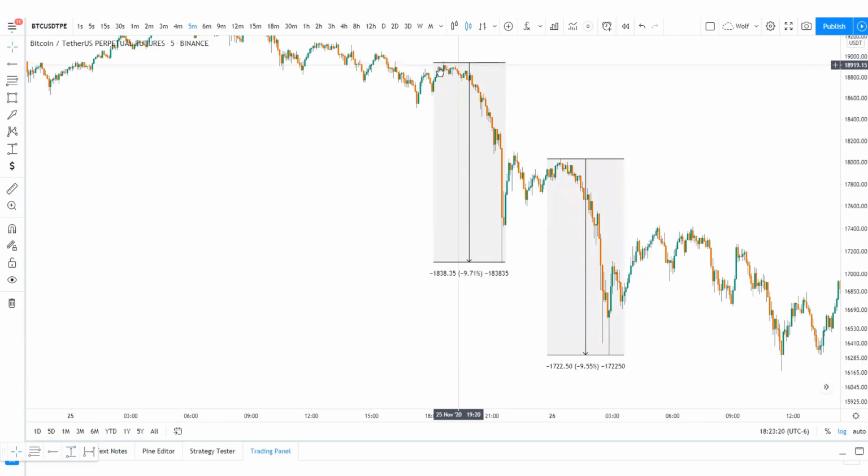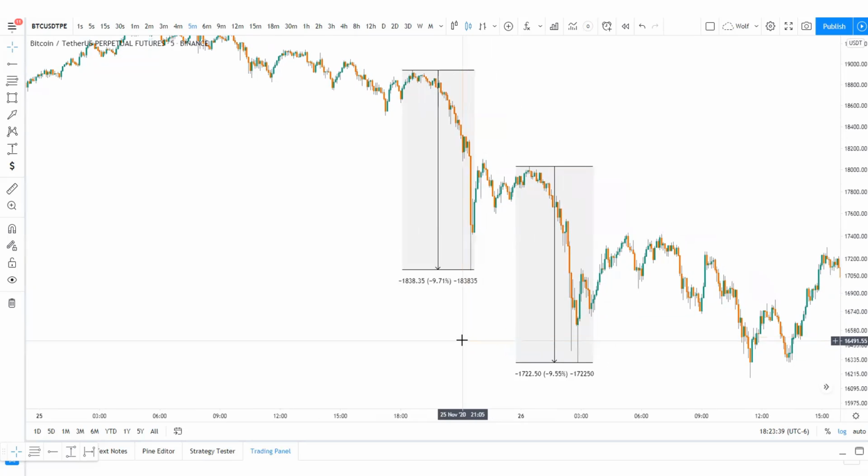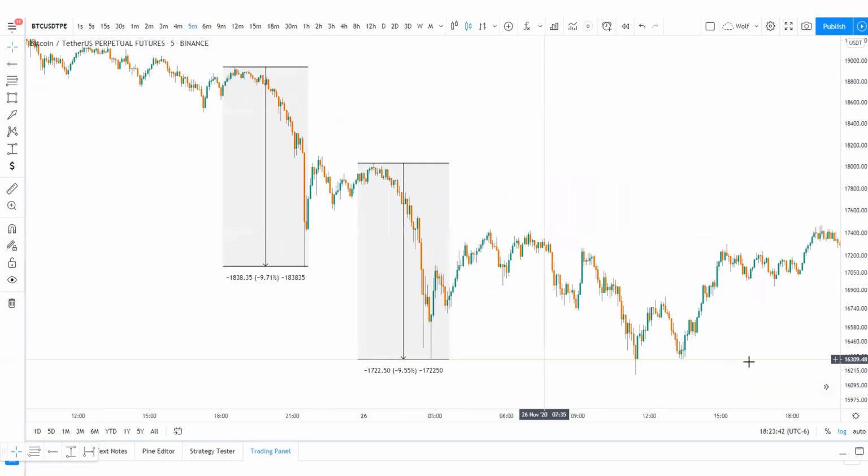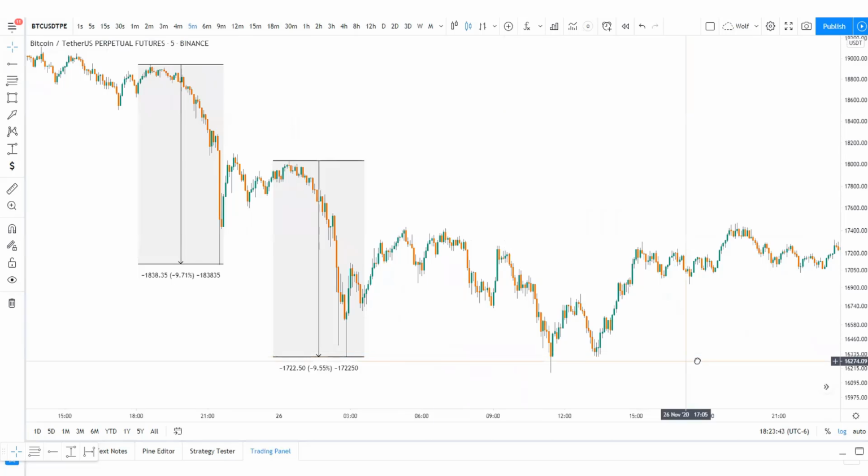Let's just say the majority of traders decided they wanted to sell here, and then they waited a while, and then they all decided they want to sell here, and they're all doing things so precisely that each drop just happens to be 9.5%. Mm-hmm. Right? So there is an element to the algorithm for reach.